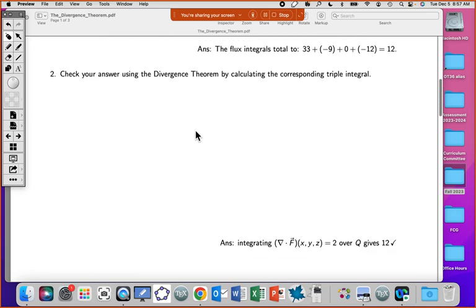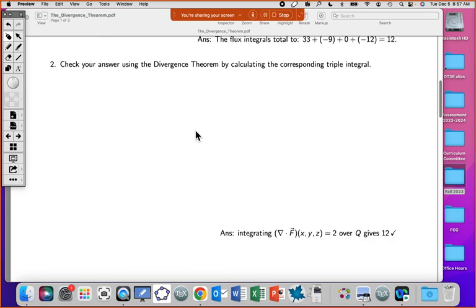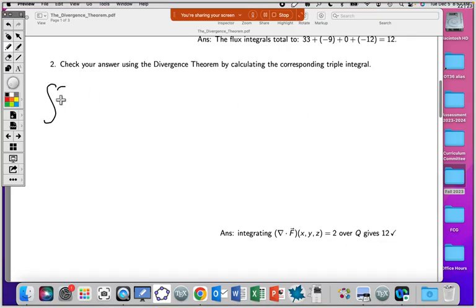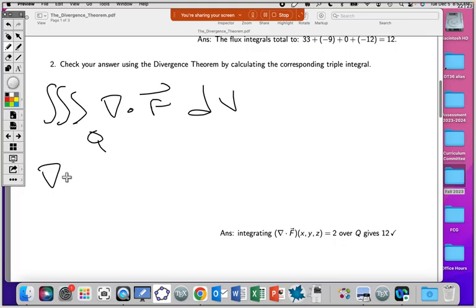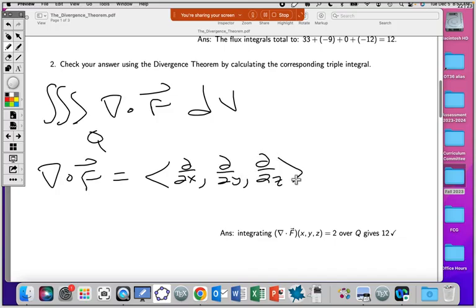Check your answer using the divergence theorem by calculating the corresponding triple integral. The divergence theorem says I can get the flux by just doing one triple integral over the divergence. So we have to figure out the divergence of f. We've got our partial with respect to x, partial with respect to y, partial with respect to z, dotted with f, 2x, z, 3y.